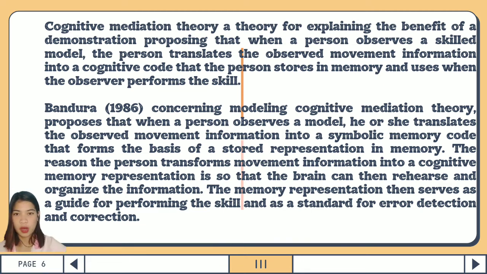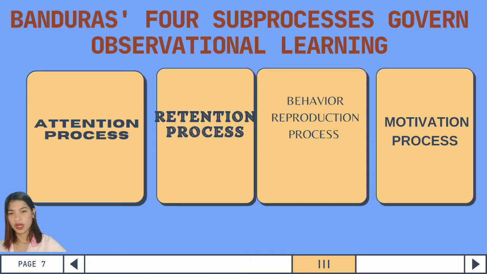The cognitive processing serves as a mediator between the perception of movement information and the performance of the skill by establishing a cognitive memory representation between the perception and the action. According to Bandura, four sub-processes govern observational learning in this theory.